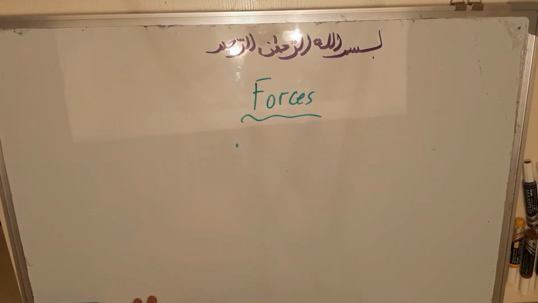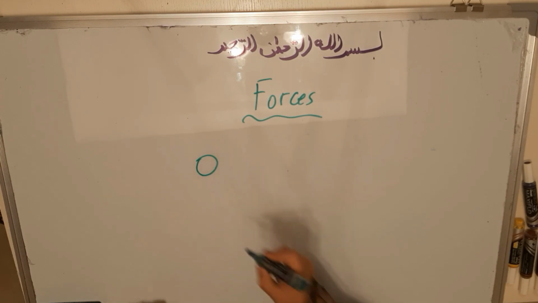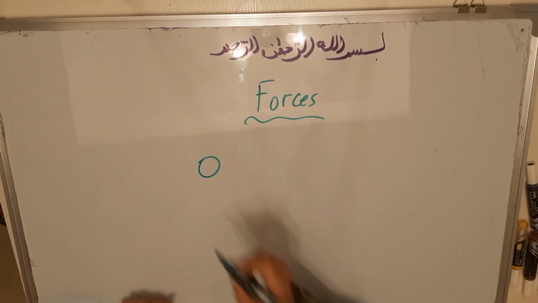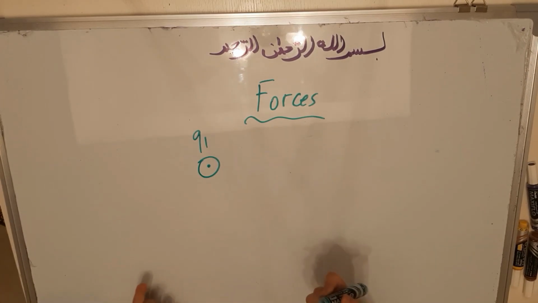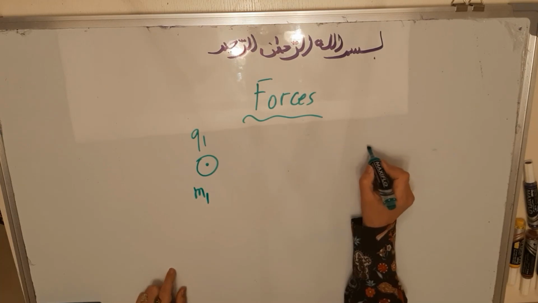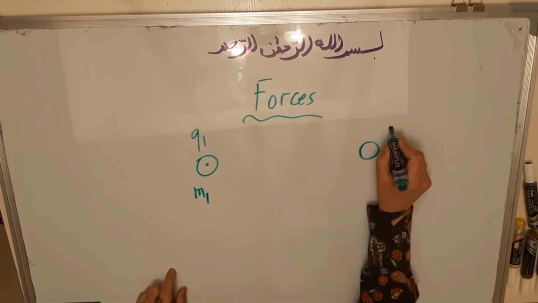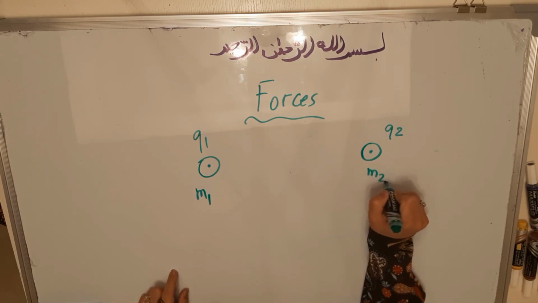So if you have a charge sitting here, either positive or negative, let's call it Q1. It must have a mass M1, okay? And then I'm going to call another charge Q2, and it also has a mass M2.